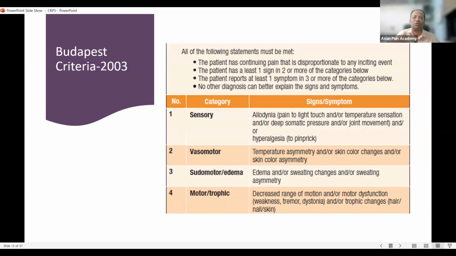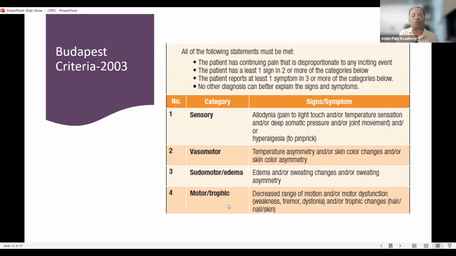Same case with color change. So temperature asymmetry and skin color changes or skin color asymmetry, pinkish or bluish discoloration. Then pseudomotor or edema. Edema, as I told you, may not be objective edema, it can be subjective edema, or sweating changes and sweating asymmetry. With sympathetic supply, if it is sympathetically mediated pain, the patient can have more or less sweating also.